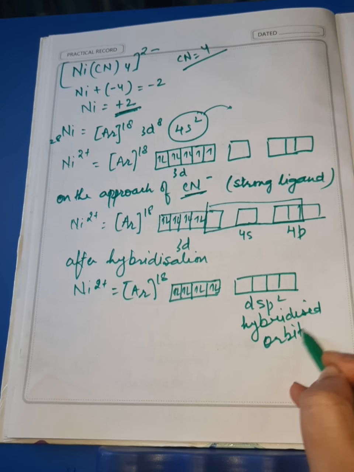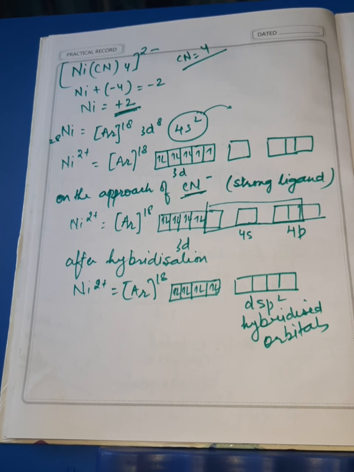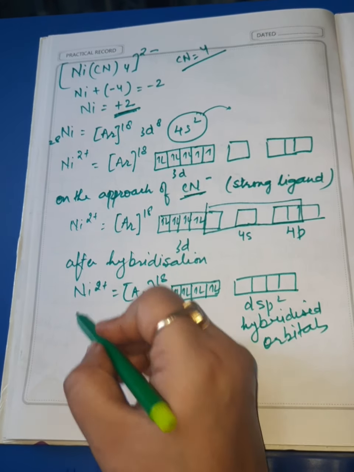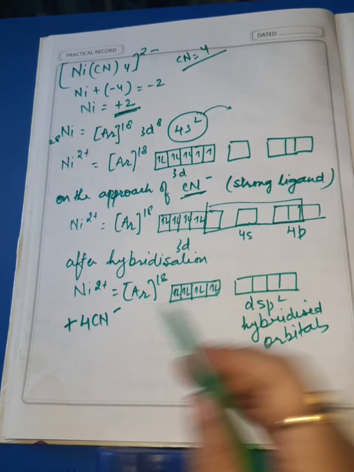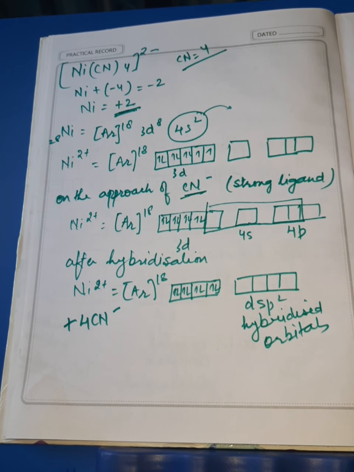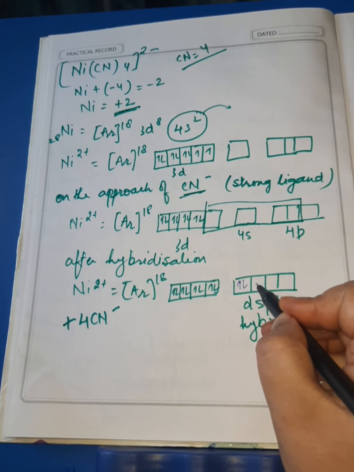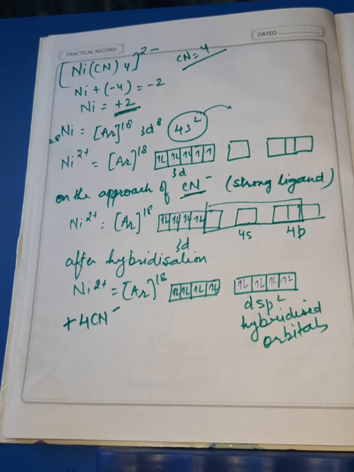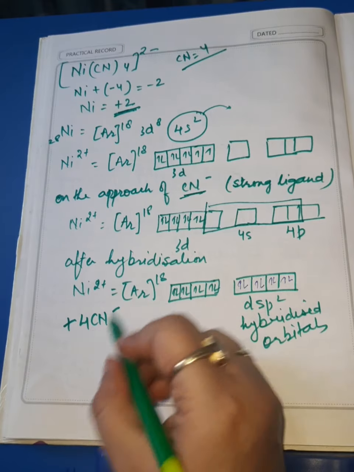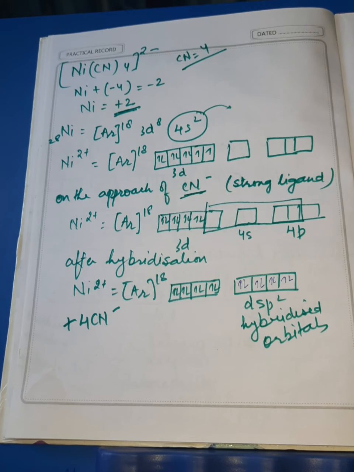They are available. Now, this Ni2+ combines with 4 CN minus. Now, CN minus donates its lone pair to these hybridized orbitals. So, this way [Ni(CN)4]2- is being formed.